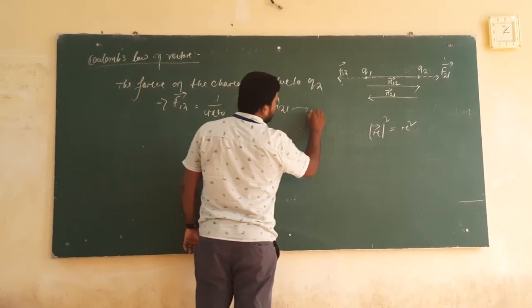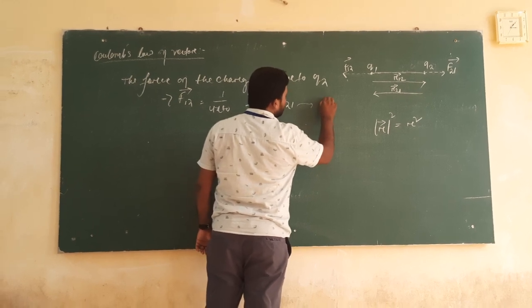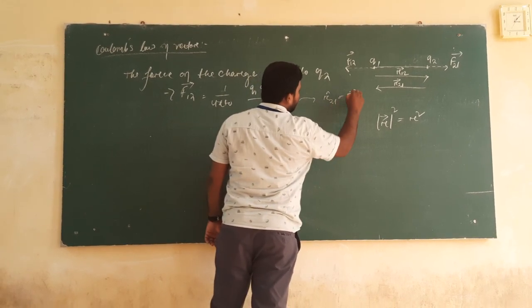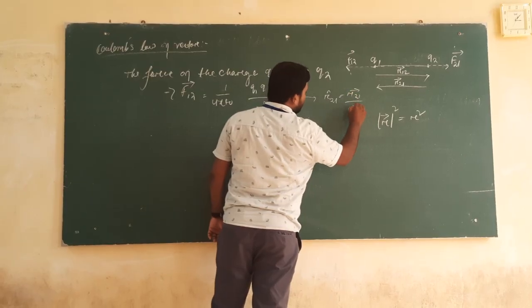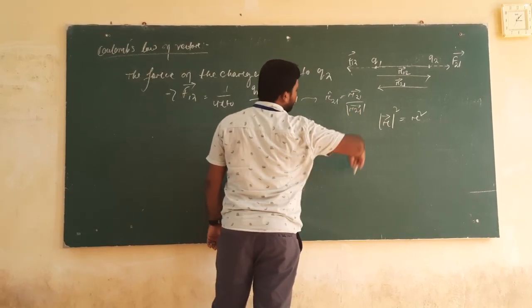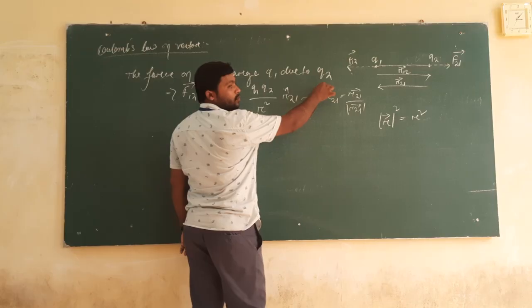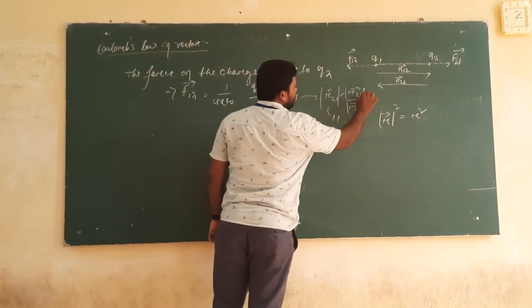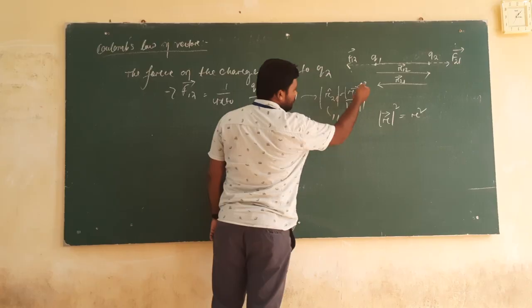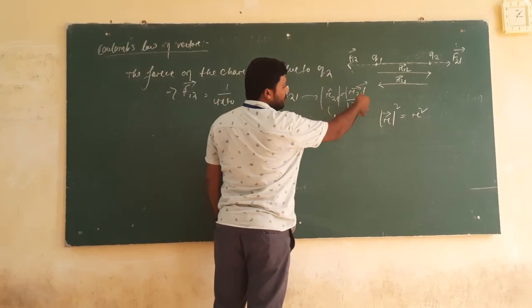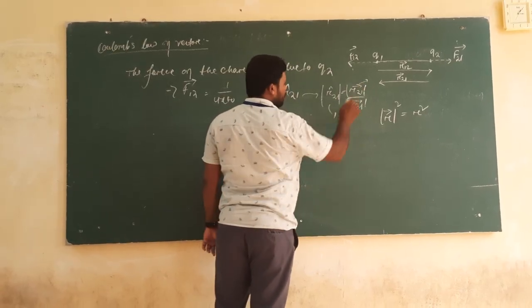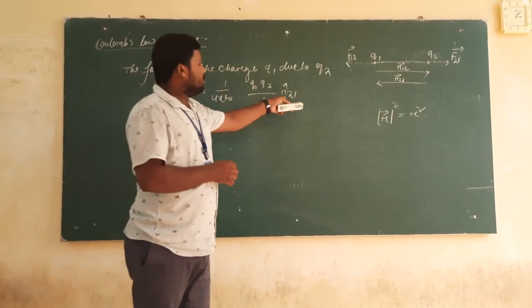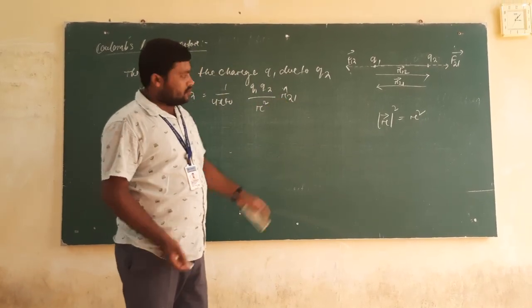It can be written like this: the R21 vector divided by the R21 vector magnitude. If you take magnitude from both sides, that will be 1, and it will be the same in denominator and numerator. That is for the direction purpose.